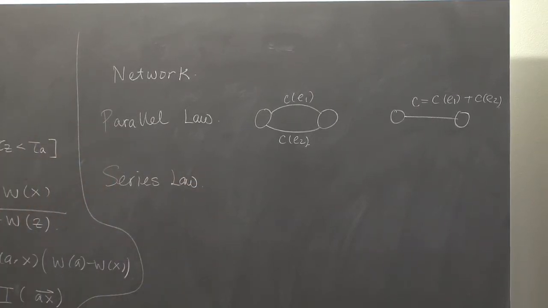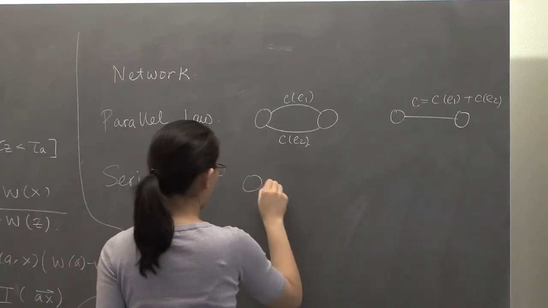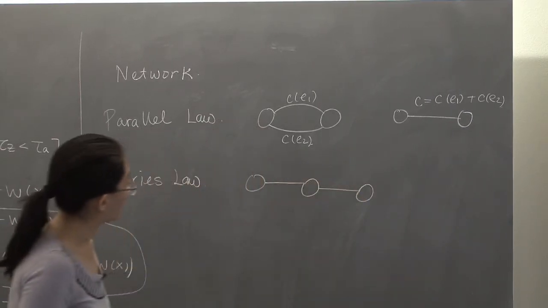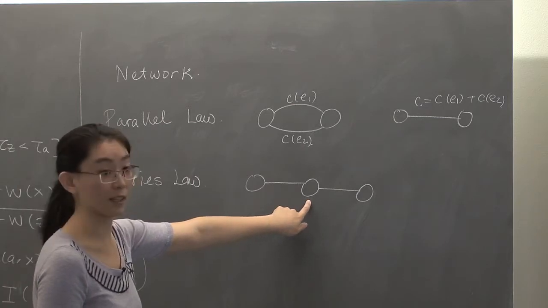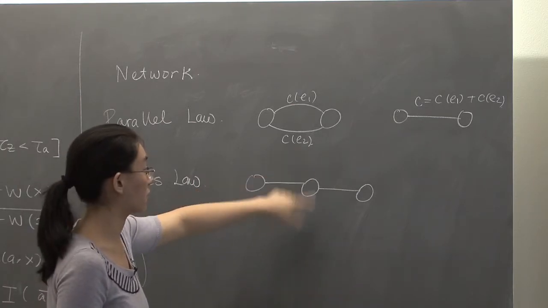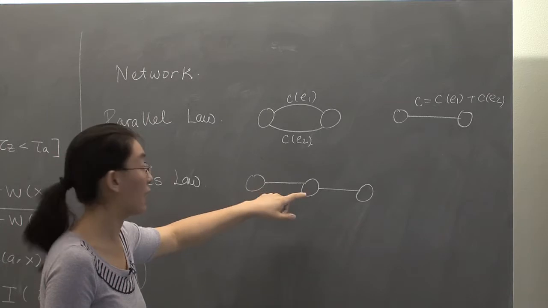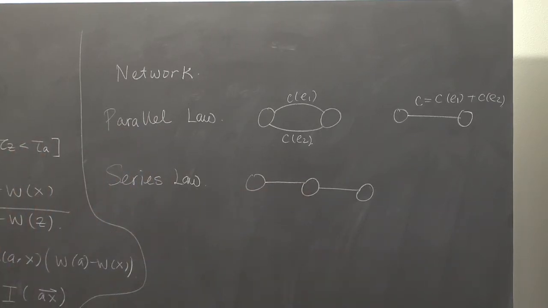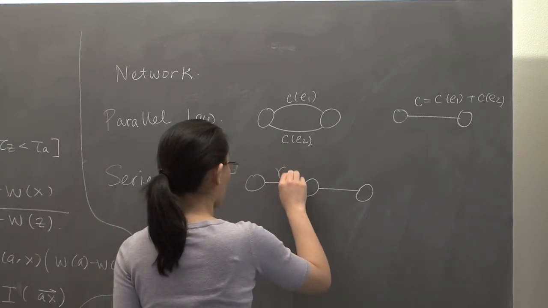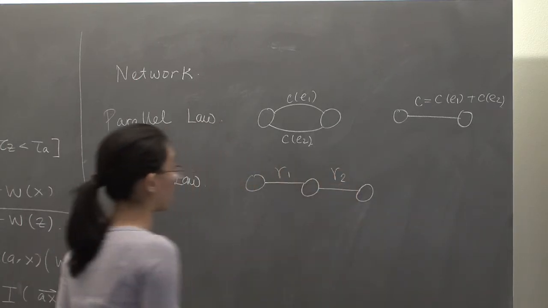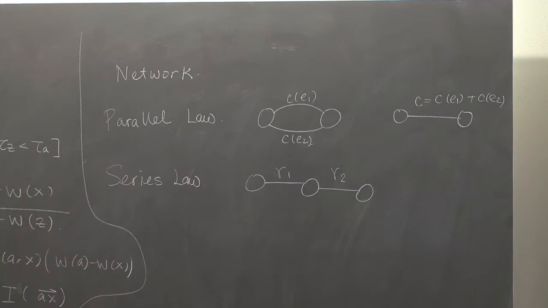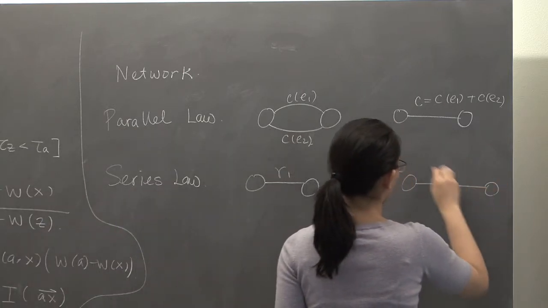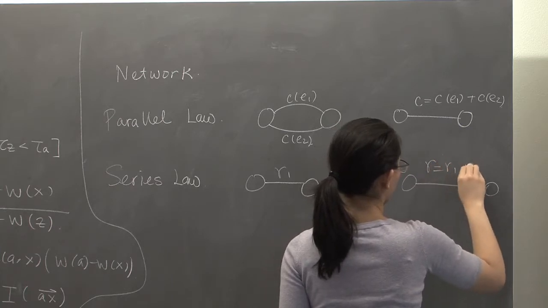In the series law, we have two edges that share the same vertex, and for this vertex there are no other edges connecting to it. If the two edges are positioned in this way, the first with resistance R1 and the second with resistance R2, then these two edges can be replaced by one edge, and the resistance is just the sum of the two resistances.